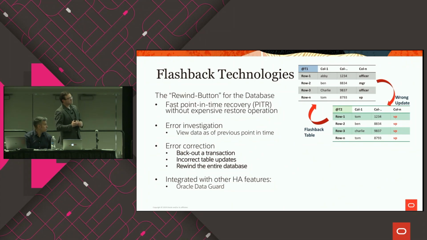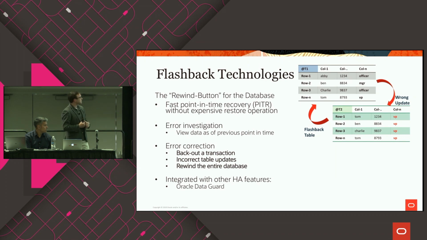But the problem with those mistakes is that they sometimes end in logical errors, such as wrong updates or data being updated where it should not have been updated, like people all became a VP in a company. While this is probably very good for the people, perhaps not so good for the company. So if these kinds of things happen because either your application made a mistake or someone pushed the wrong button, Flashback Technologies in various forms help with this.